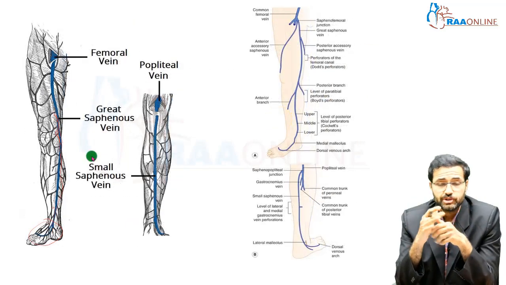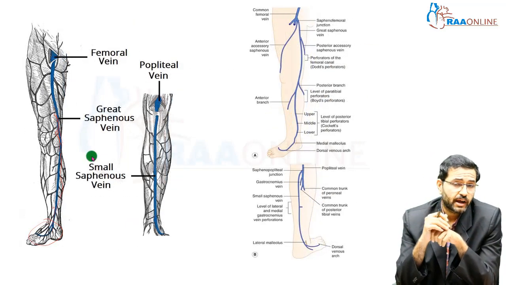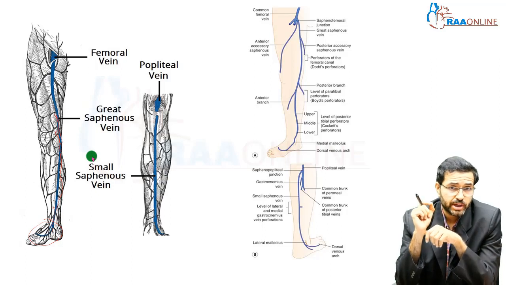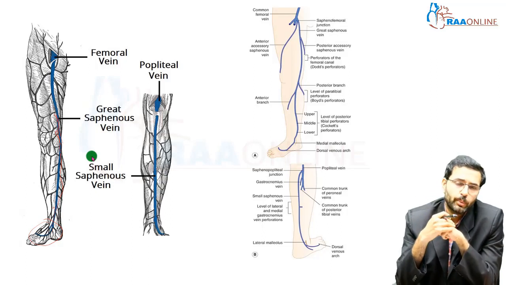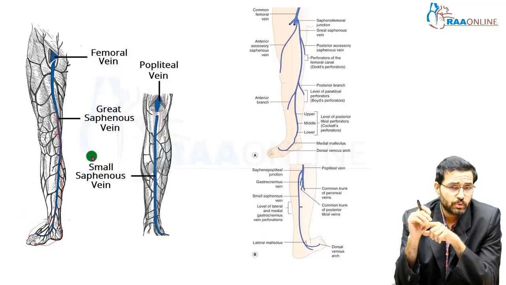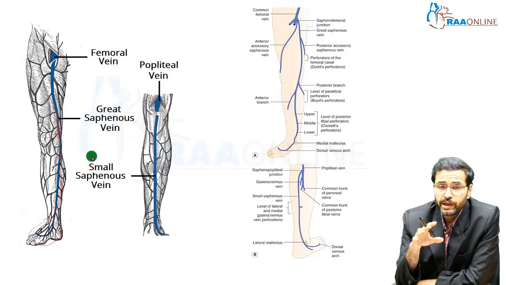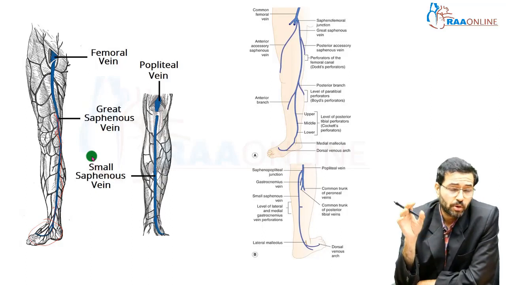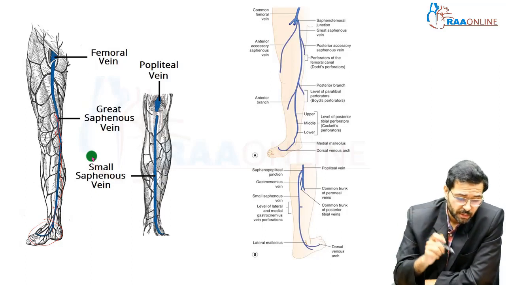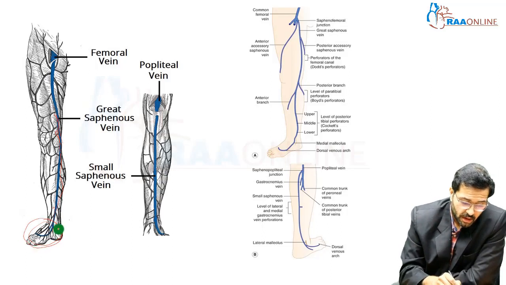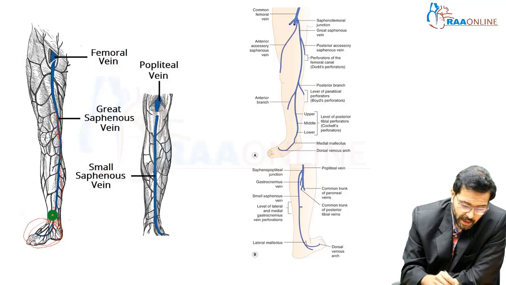It is essential that we have a basic understanding of the anatomical landmarks which depict the course of these superficial veins. The most important superficial vein of the lower limb is the great saphenous vein. It is the longest superficial vein in the body. It extends from the medial aspect of the dorsal venous arch of the foot and then upwards anterior to the medial malleolus.